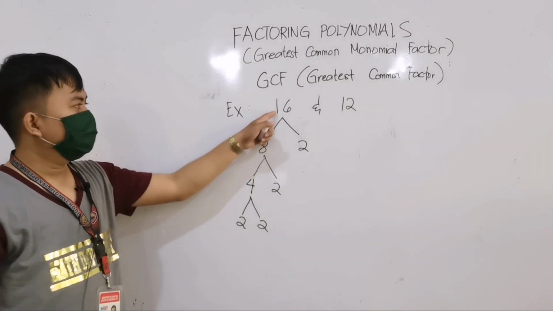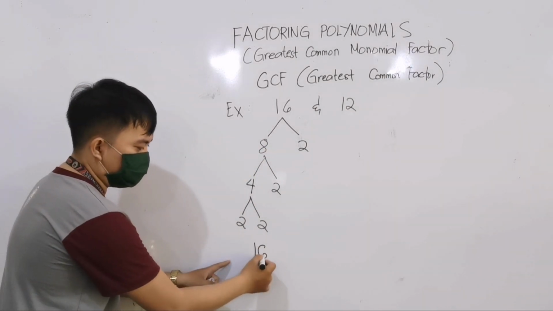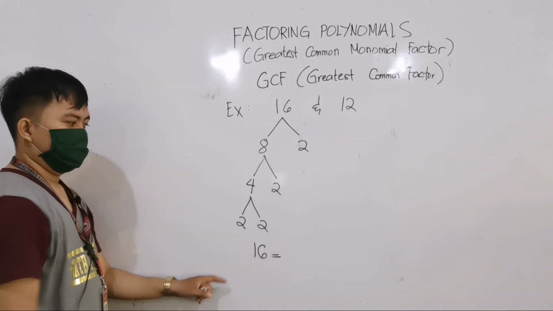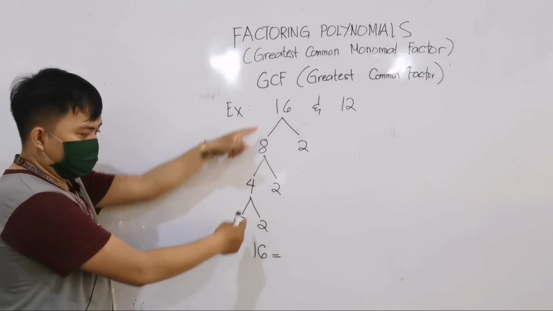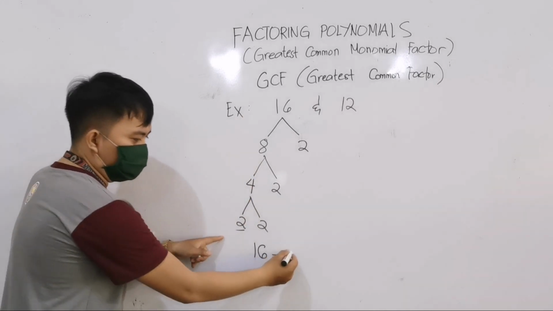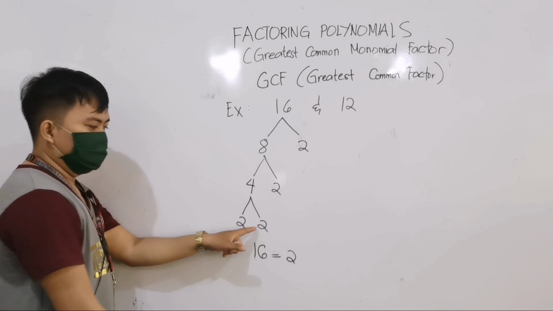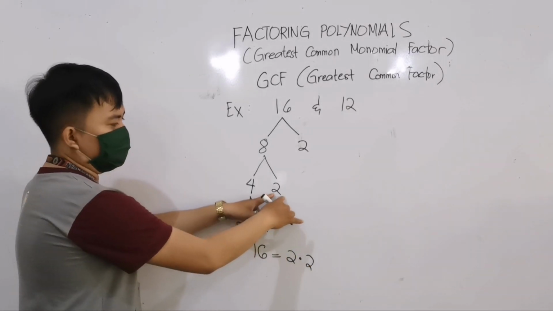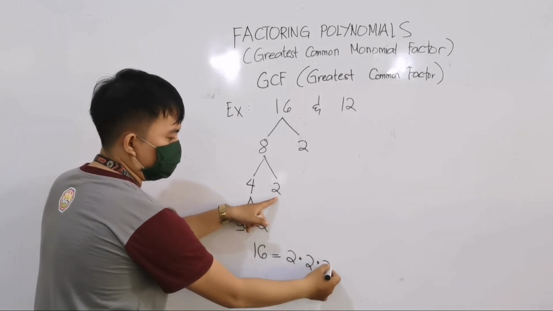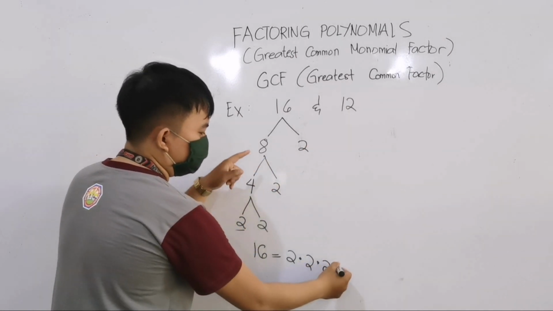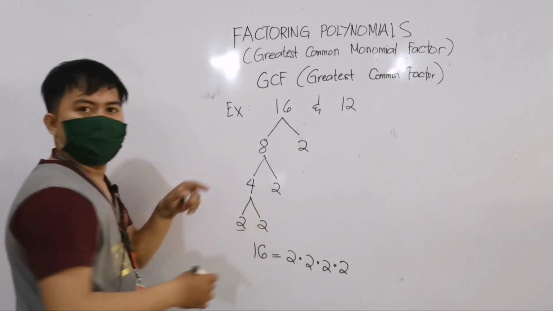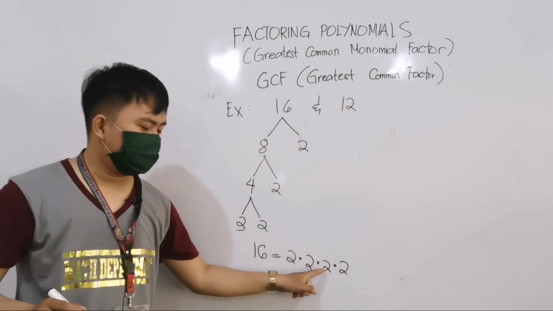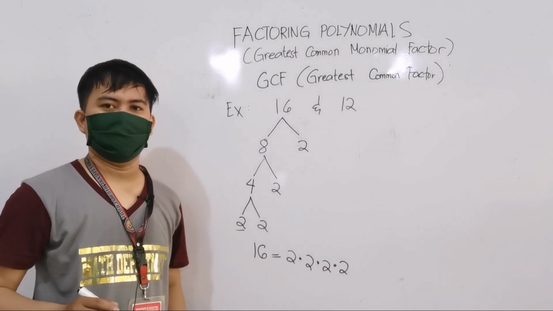So, meaning to say, 16 has the factors of, isa-isahin po natin, dito ito po yung pinakadulo, 2, sinundan ng another 2, next 2, and the last 2. Okay. So, 2 times 2, 4, times 2, 8, times 2, 16.